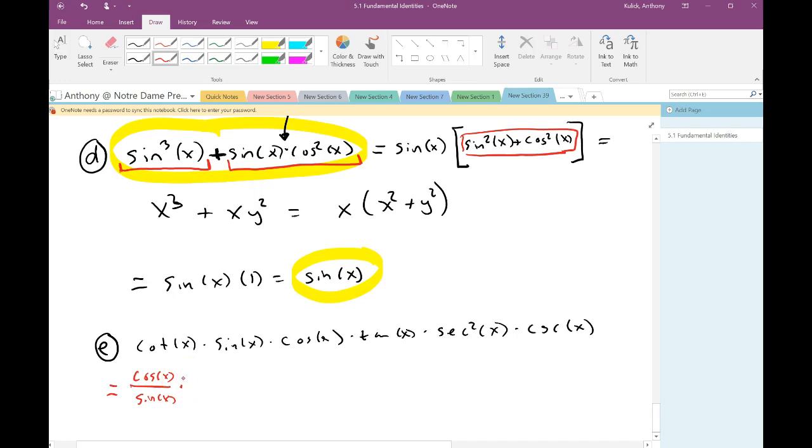How can I rewrite sine x in terms of sines and cosines? You don't. It's already in terms of sines. How about cosine? Same thing. What about tangent? How can I rewrite that with sines and cosines? Yeah, sine over cosine. And then how about secant squared?